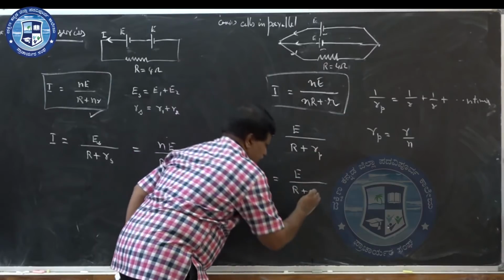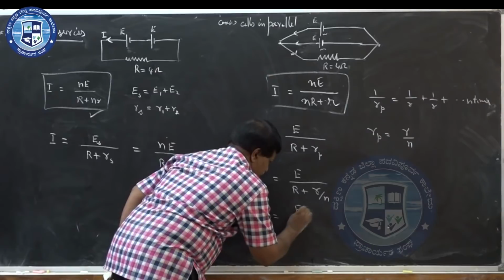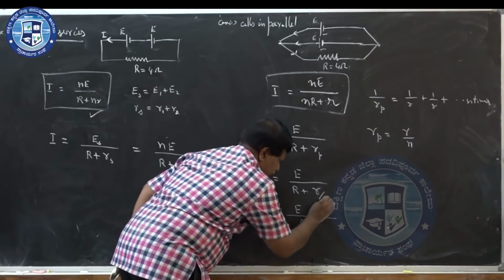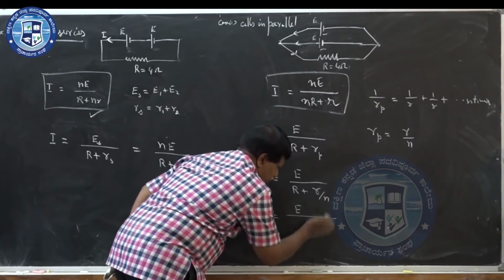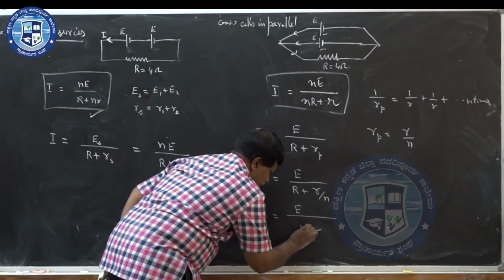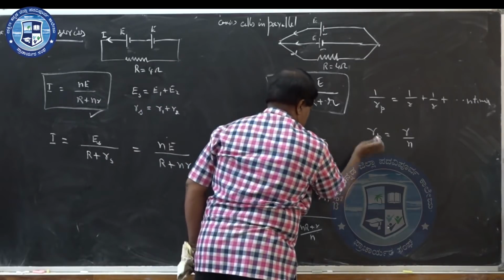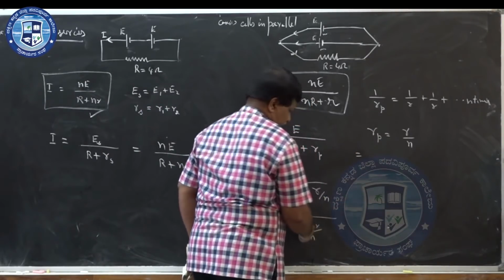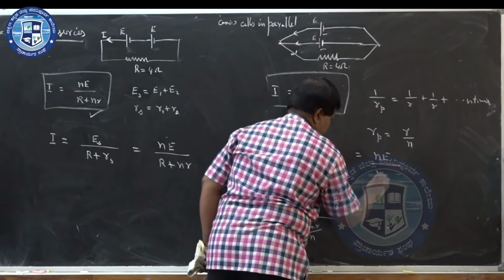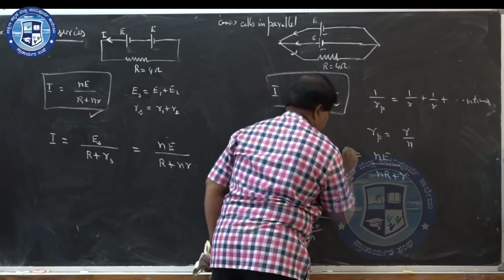I am going to substitute R by N here. So, taking a common denominator, the numerator E is there, and in the denominator, N into R plus R, so it is equal to N into E divided by NR plus R.